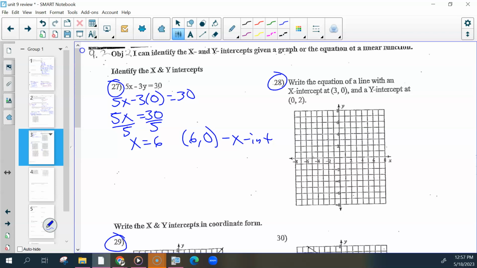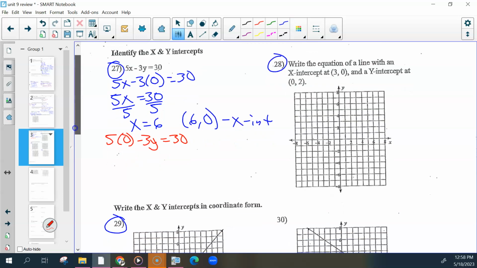We would do the same thing for y, but opposite. Put 0 in for x now. That first piece would become 0. We can drop that off, bring down everything else.